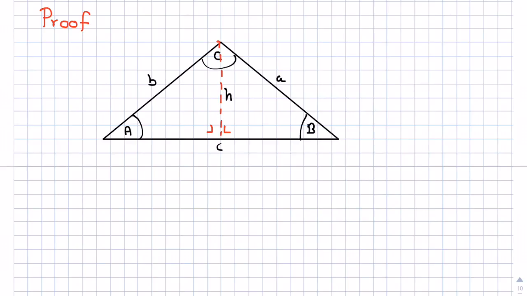Now, looking at the triangle only on the left, if I just focus on this triangle for a moment, what I know is that sine of A is the opposite over the hypotenuse, h over b. Now I can isolate h on its own by multiplying both sides by b. So I'd have b sine A is equal to h.